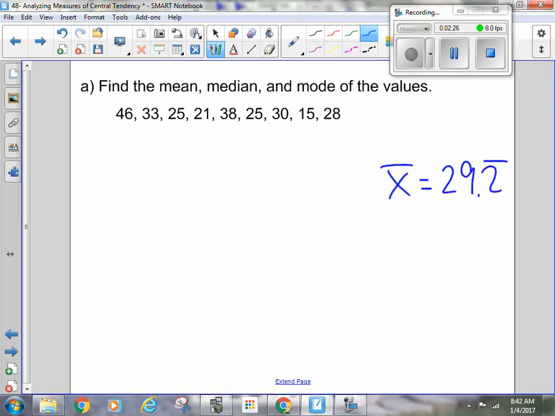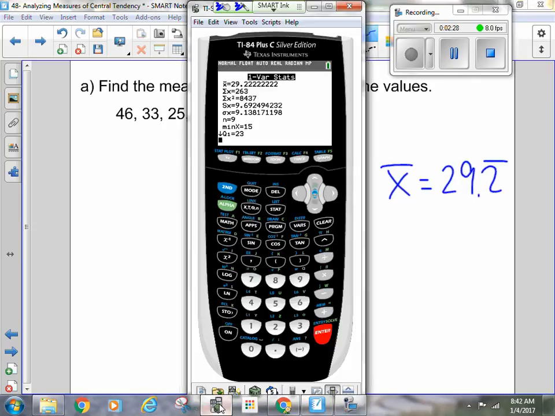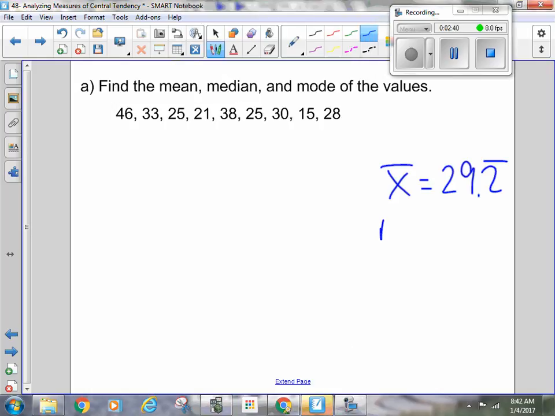If I go back and I scroll down, because see that little arrow by Q1, it means there's more values. Scroll down, I have median, they tell me, is 28. And then mode, most often. The calculator doesn't have that for us. But if we just look here, I see that I have 25 appear twice. So the calculator found 2 out of the 3 for me.